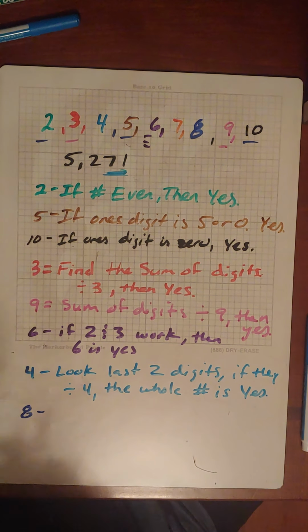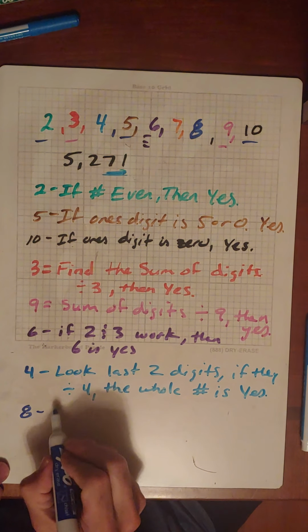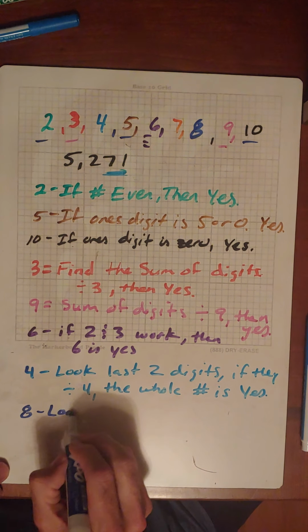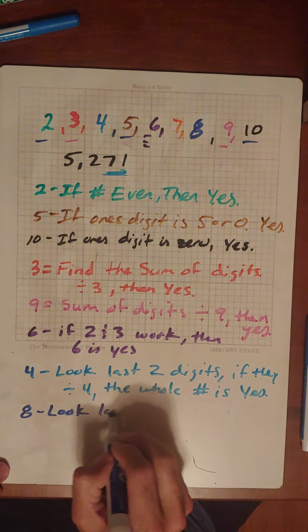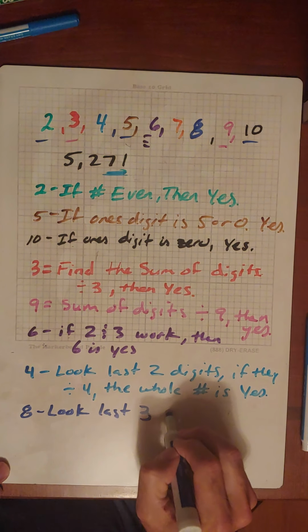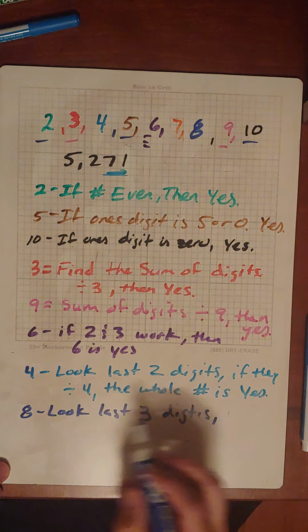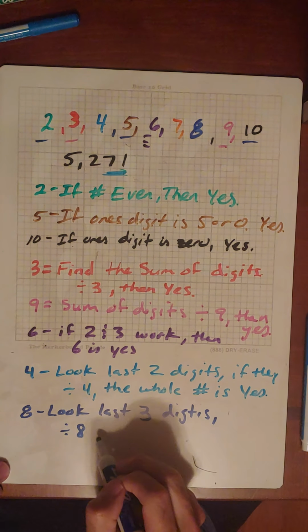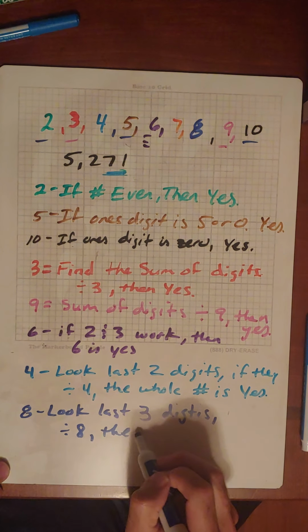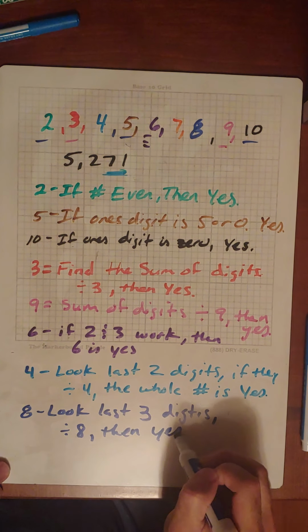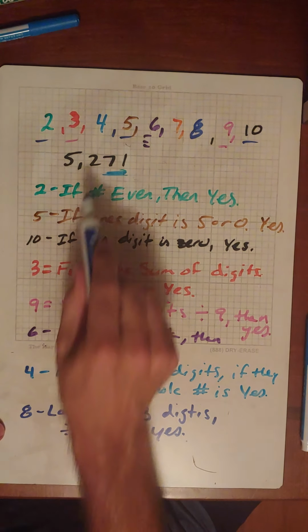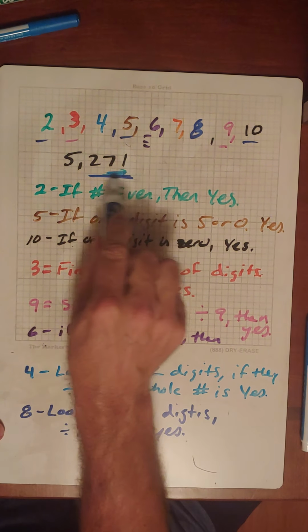8 is very similar to 4. So you don't look at the last 2 numbers, you look at the last 3 digits. And if that's divisible by 8, then yes. Okay? So for 8, I'm looking at 271.